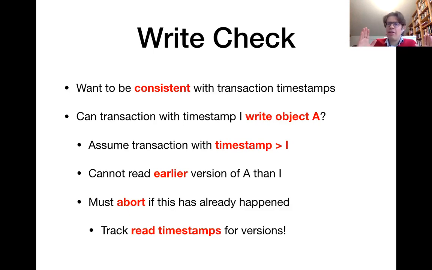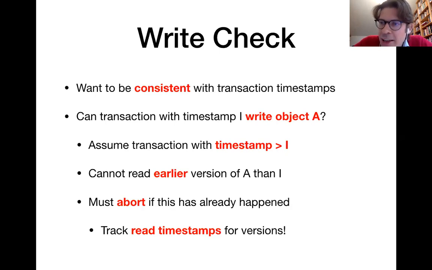So now let's assume that a transaction with timestamp I wants to write to an object A. Now, logically, if there is another transaction with a higher timestamp than I, then that other transaction, when reading object A, should have read the version written by transaction I, or even a later version. But for sure, it wouldn't have read an earlier version, because at the time I, the transaction which is currently being checked would have written the object with a timestamp of I, right?